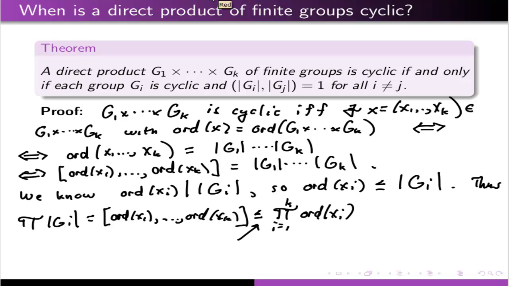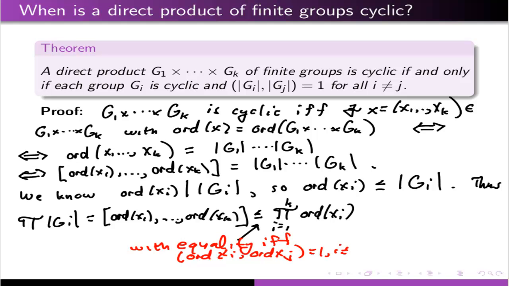Let's highlight that in red. With equality when? If and only if these orders are pairwise relatively prime, so the gcd of the order of xi and the order of xj equals 1 for all i not equal to j. And this is then less than or equal, since each one is smaller than the order of Gi, to the product, i goes from 1 to k, of the order of Gi.